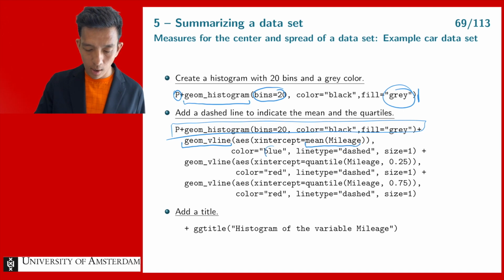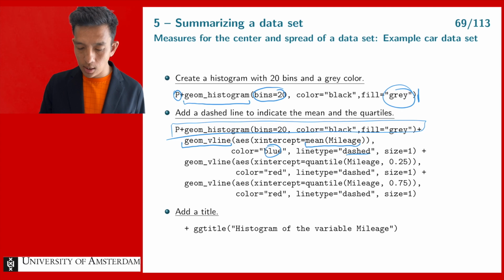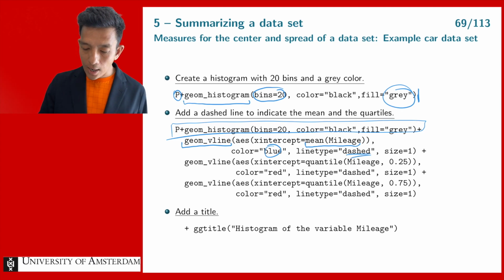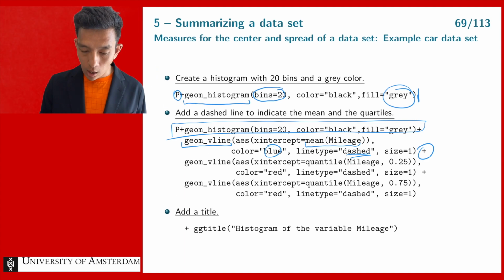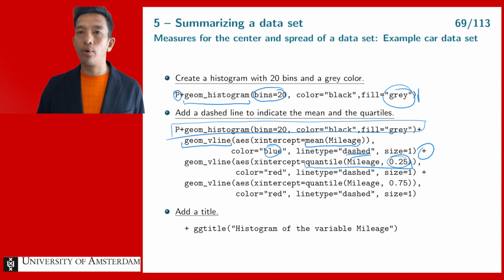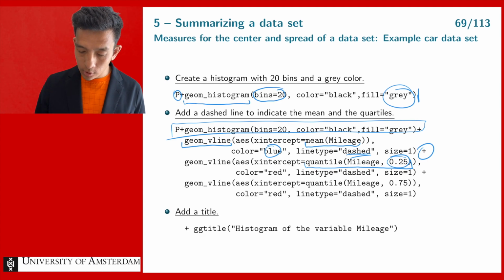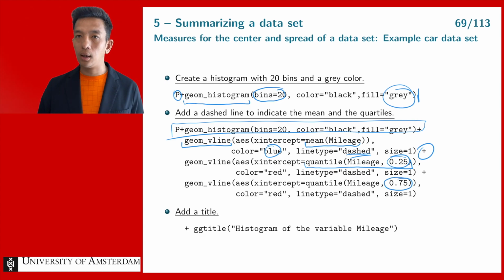And I want to have a blue line that is dashed. I add another layer, another vertical line, but now I use the quantile at level 0.25, the first quartile. And then I add another vertical line, so another layer, but now I take the third quartile, it's a quantile at level 75%.